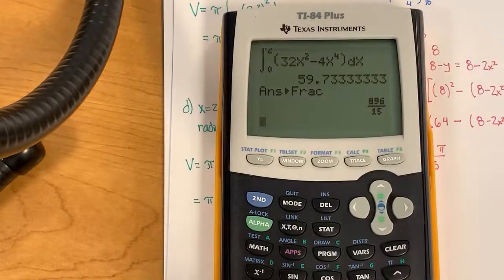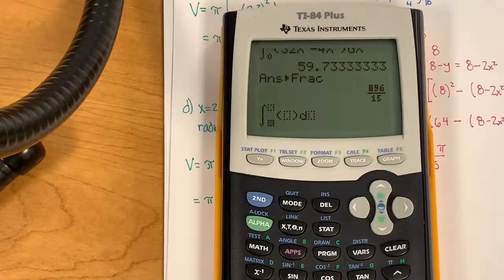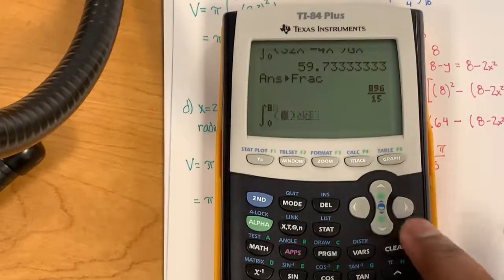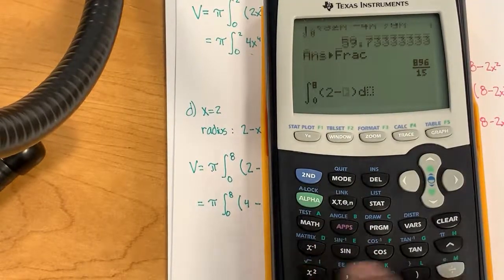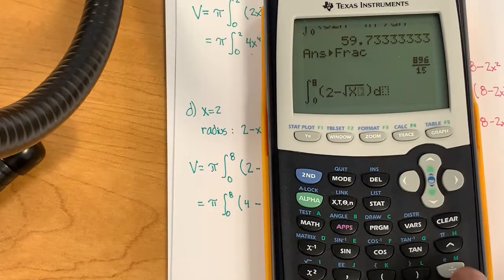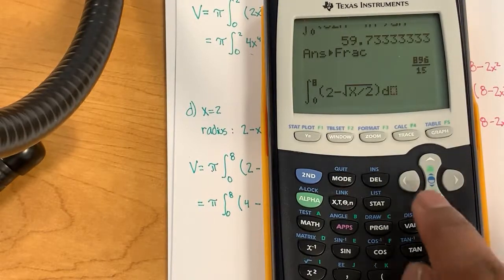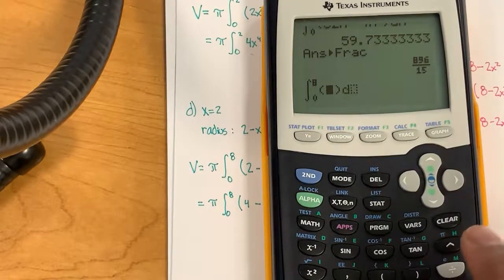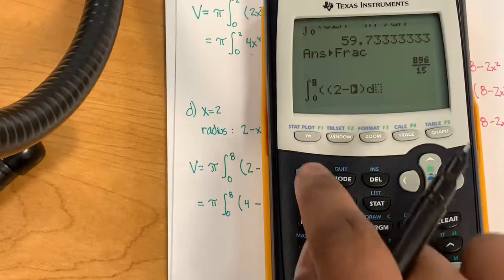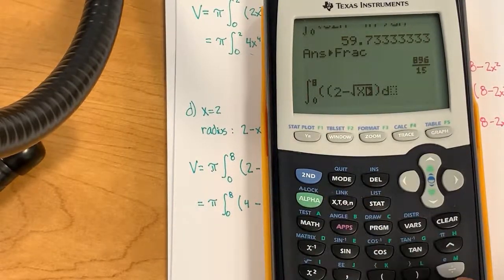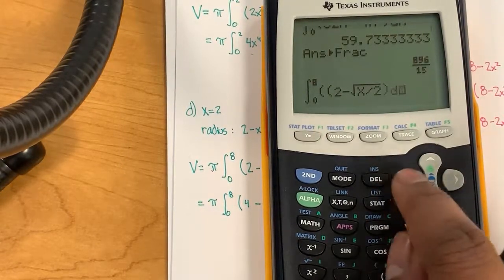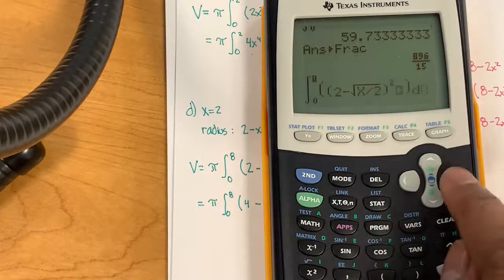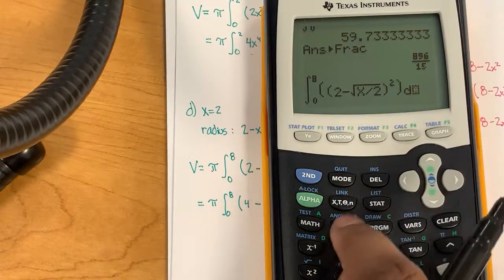And so when we plug this in, we're going to have math 9 from 0 to 8. And initially, we're going to do 2 minus the square root of x divided by 2, squared dx.